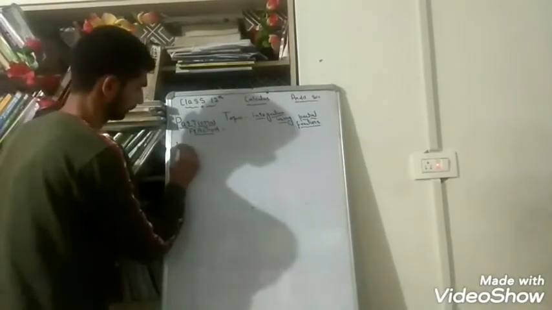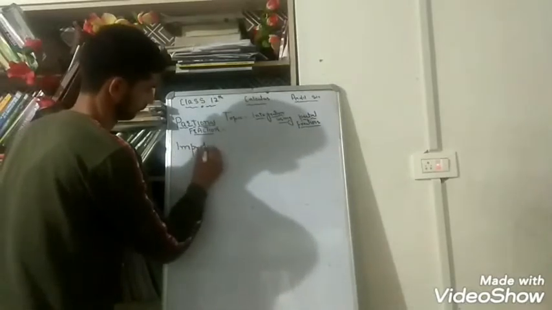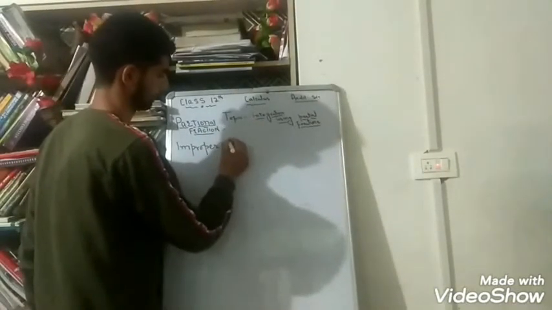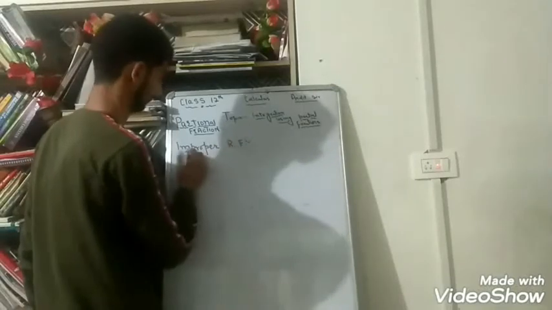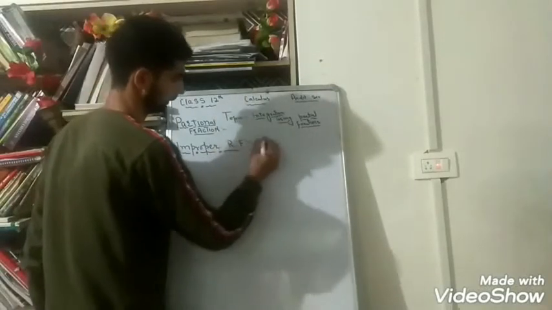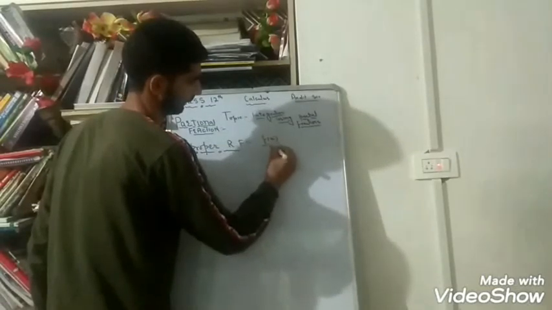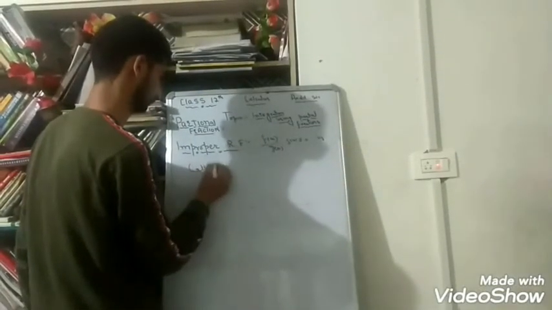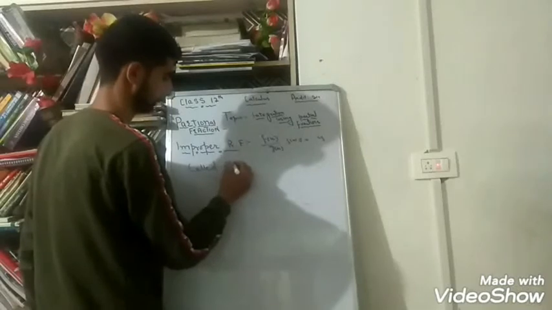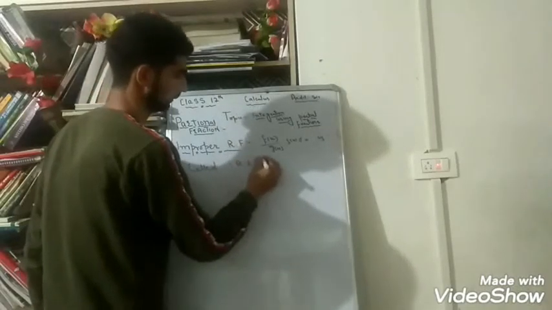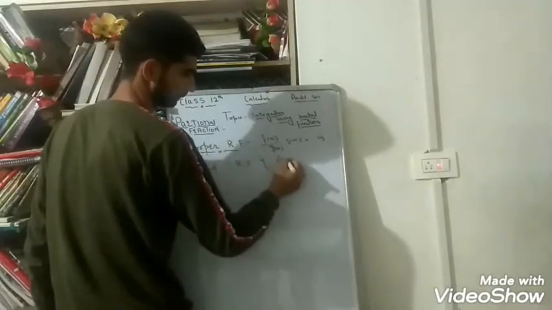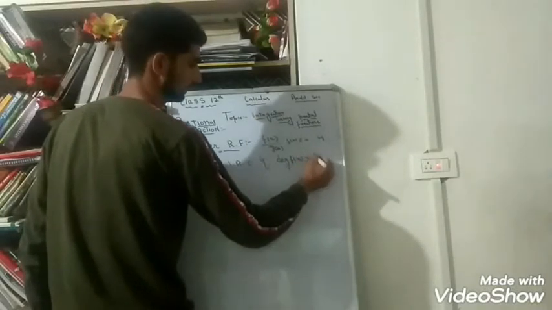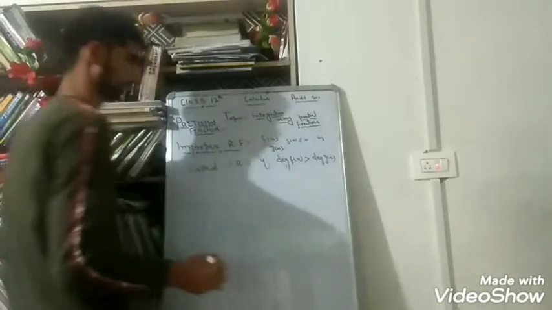Now you write improper rational fraction. f(x) divided by g(x), with g(x) not equal to 0, is called an improper rational fraction if the degree of f(x) is greater than the degree of g(x).